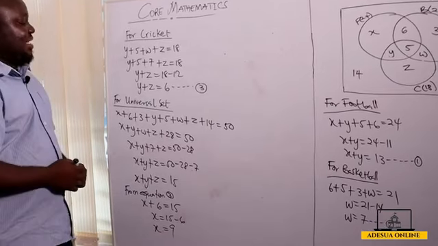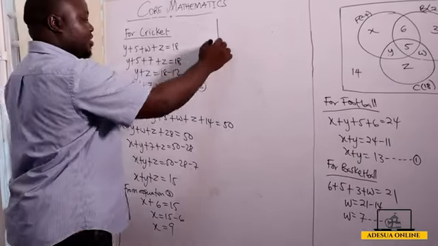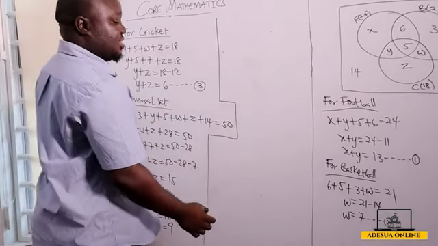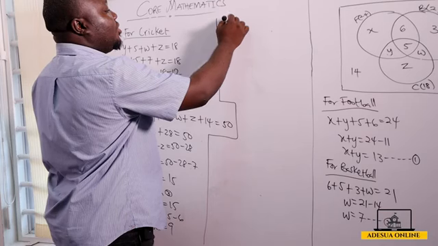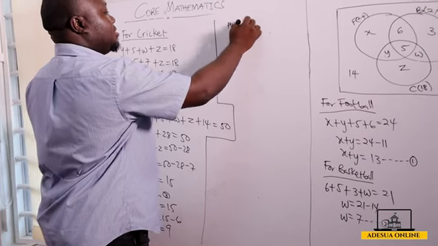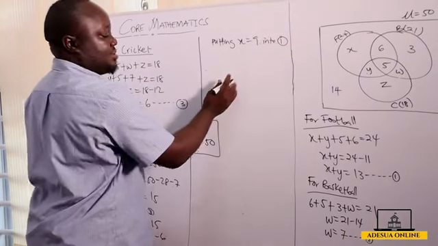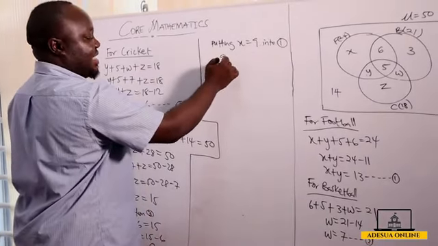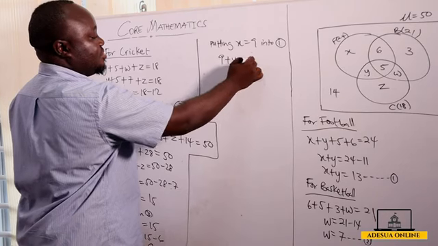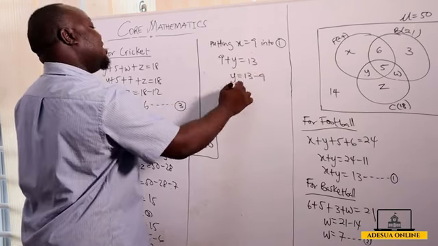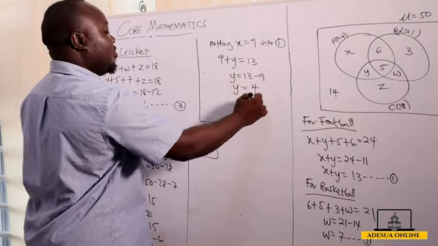So if our x is equal to 9, we are going to put x equals 9 into equation 1. Putting x equals 9 into equation 1, we shall have 9 plus y to be equal to 13. y will be equal to 13 minus 9. y will be equal to 4.